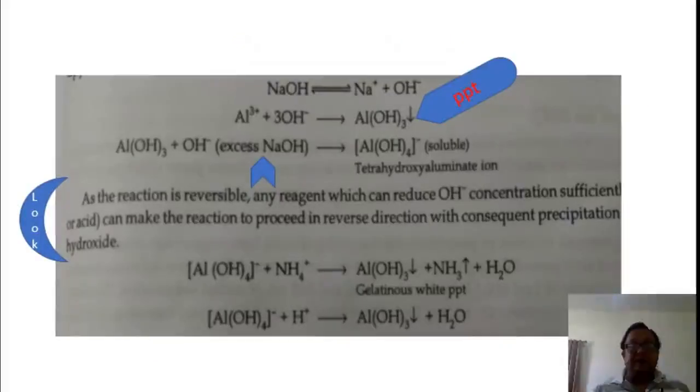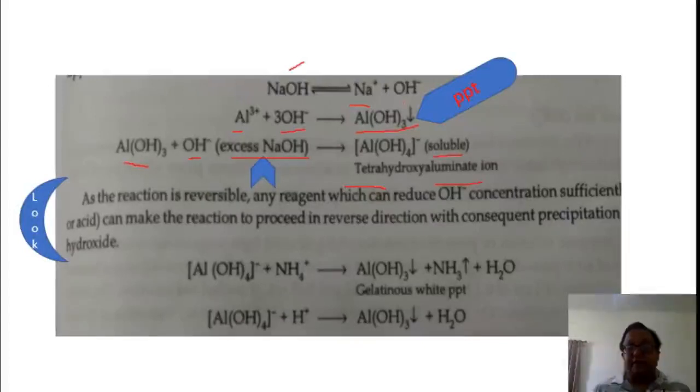Here we can see sodium hydroxide is first of all dissociated into sodium cation and hydroxyl anion. This hydroxyl anion reacts with aluminium cation to give the precipitate of aluminium hydroxide. Now this aluminium hydroxide, in excess of sodium hydroxide, meaning in excess of the hydroxyl ion, gives soluble tetrahydroxy aluminate ion.